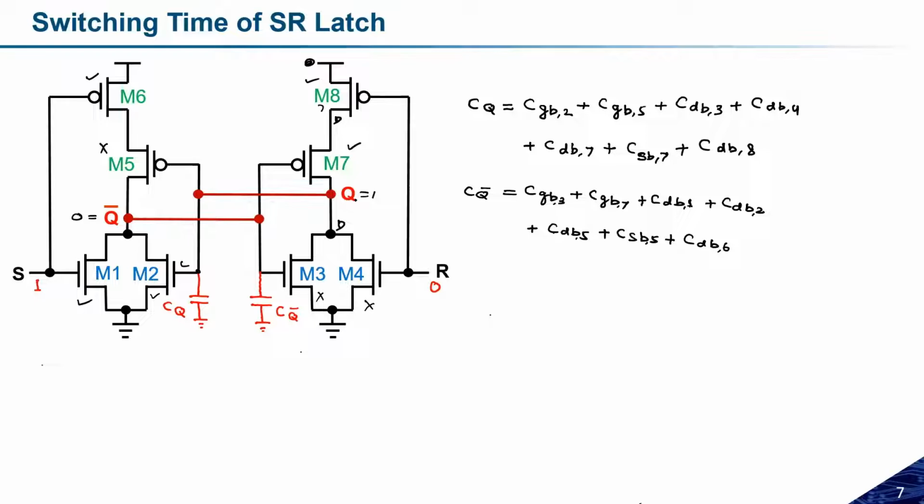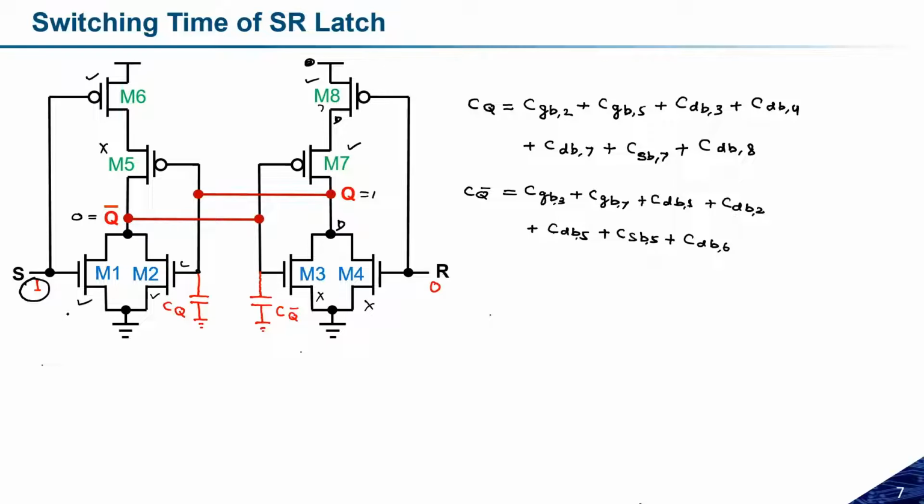Now the important thing is, if I have a previous state at this storage node, either at Q or Q bar, let us assume initially the Q bar was at 0, which means that we have provided S equal to 1. So if S is equal to 1, in that case Q bar will be 0 and the Q will become 1, because I have provided reset equal to 0.